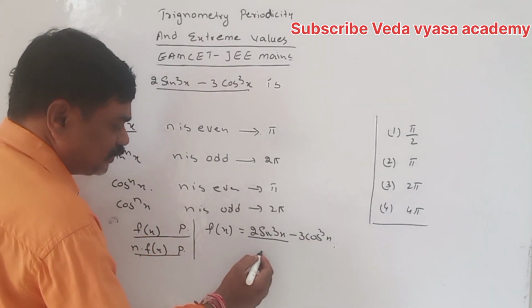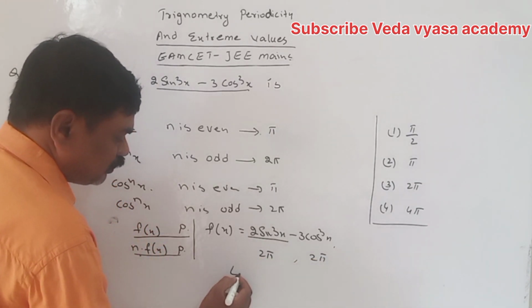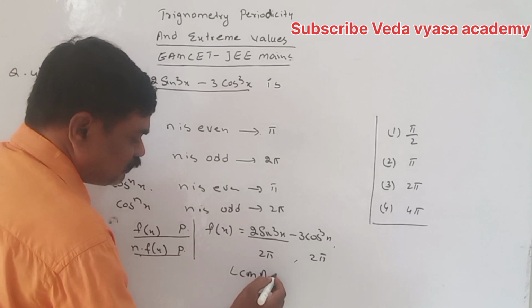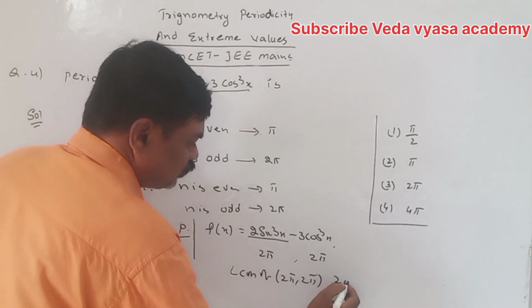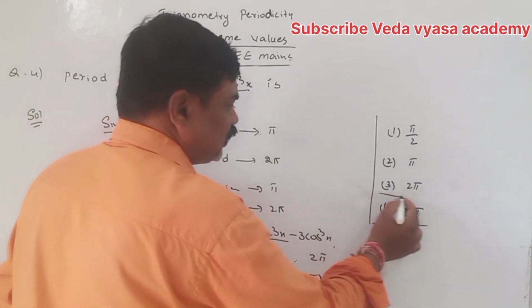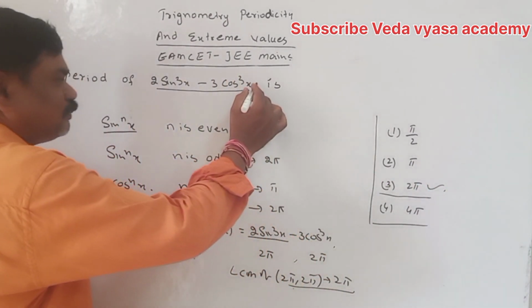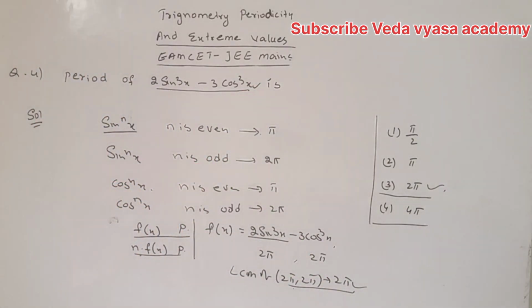This period is 2 pi and this period is 2 pi. So the LCM of 2 pi comma 2 pi is 2 pi. So we have option 3 as the answer. So this period is 2 pi. Okay, all of you. That's all.